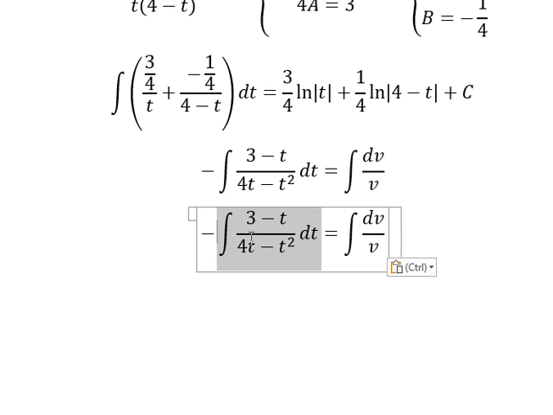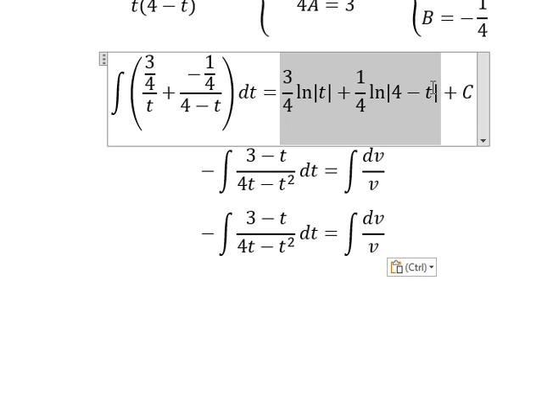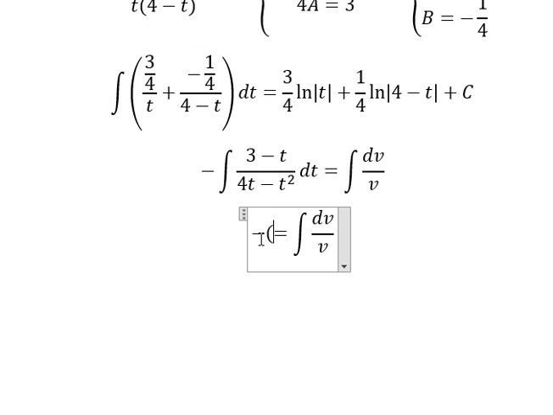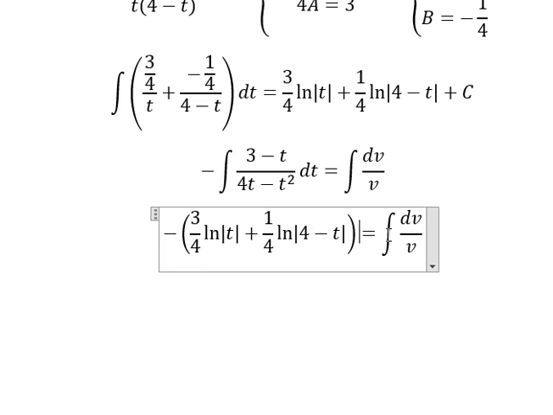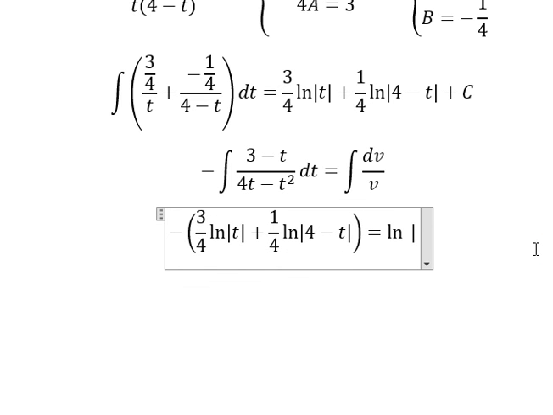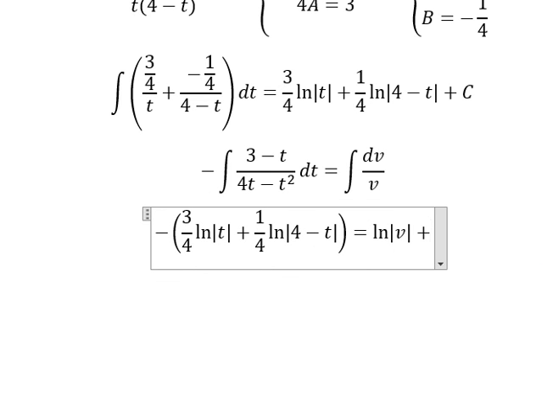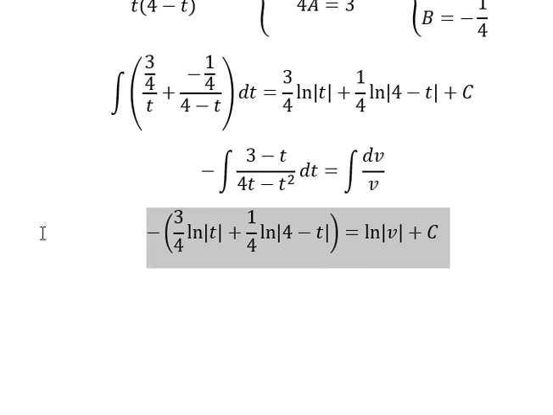So the integration of this one, that is this one. The integration of this one, we have ln of the absolute value of v. And then I will put c.